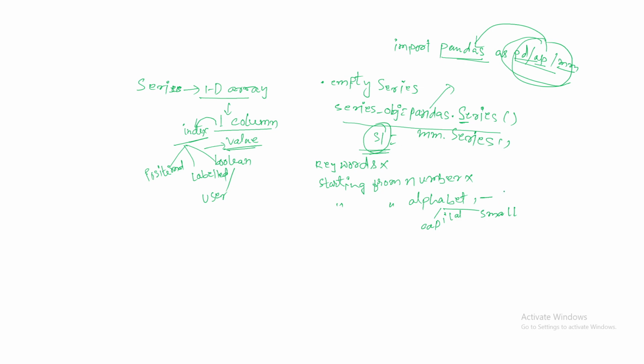For example, underscore 1 is a right variable, and a1 is also right, but 1a is a wrong variable. Remember that one.